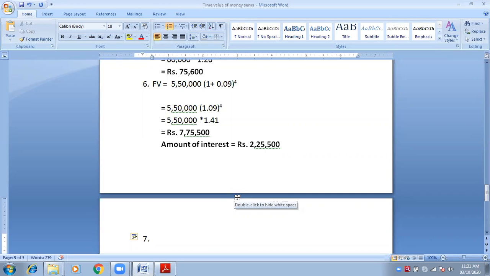At the end of the fourth year, the maturity value is rupees 6,25,000.